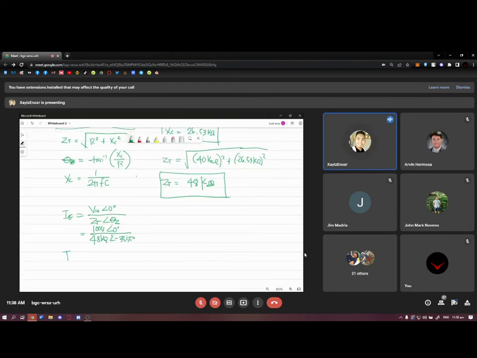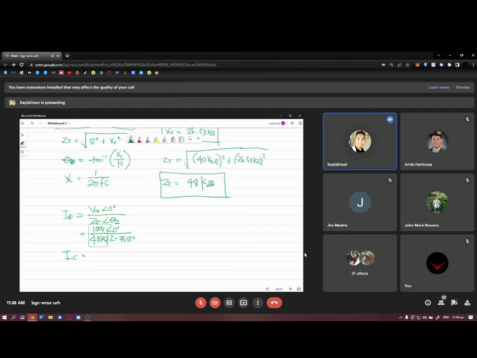Alam niyo naman sigurong solve ng polar. 100 volt angle 0 divided by 48 kilo ohms angle negative 33.55. Advanced math lang yan. Ano bang ginagawa pag may dalawang polar ka na dinidivide? So divide yung parehong magnitude. So 100 over 48 kilo ohms.